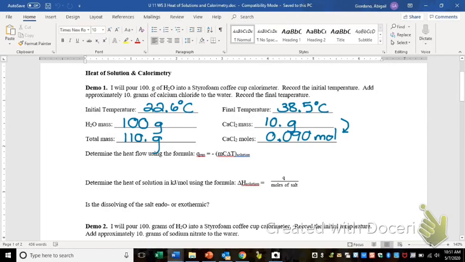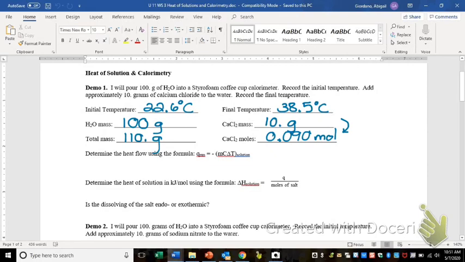Now it says determine the heat flow using the formula Q reaction equals negative mcΔT. That's what I call the MCAT equation. Essentially what this is saying is that the heat of the reaction, remember Q means heat, is going to be equal but opposite in sign to what's going on in the solution.